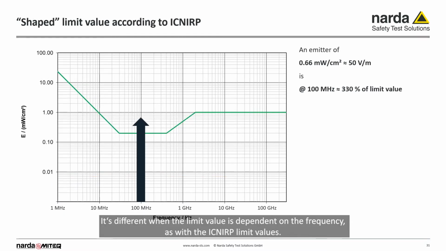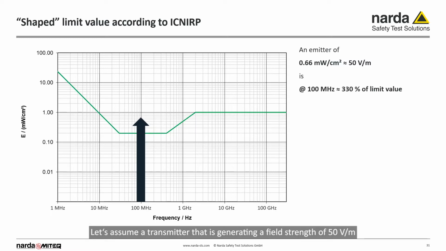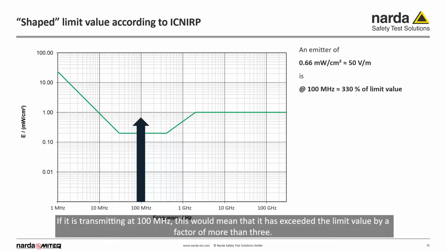It's different when the limit value is dependent on the frequency, as with the ICNIRP limit values. Let's assume a transmitter that is generating a field strength of 50 volts per meter corresponding to 0.66 milliwatts per centimeter square at the point of the measurement. If it is transmitting at 100 MHz, this would mean that it has exceeded the limit value by the factor of more than 3.